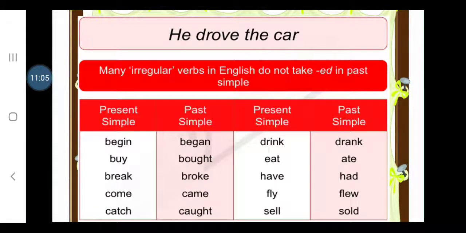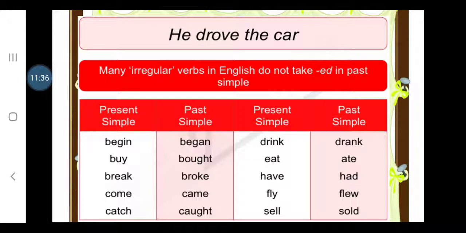He drove the car. Many irregular verbs in English do not take ed in the past simple. Okay, some of them do not need ed. They just change form, but they don't need ed. So these are called irregular verbs. Present simple, begin. The past simple, began.